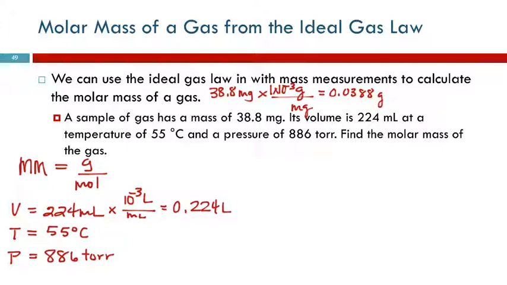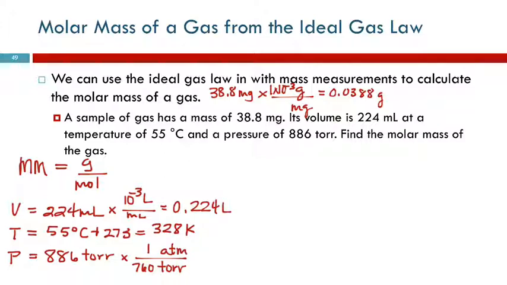I need to convert Celsius to Kelvin. 328. And torr, I need to convert to atmospheres. Torr is just a different name for millimeters of mercury. 1 atmosphere is 760 torr.